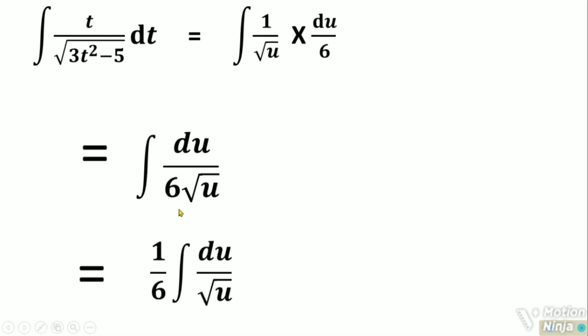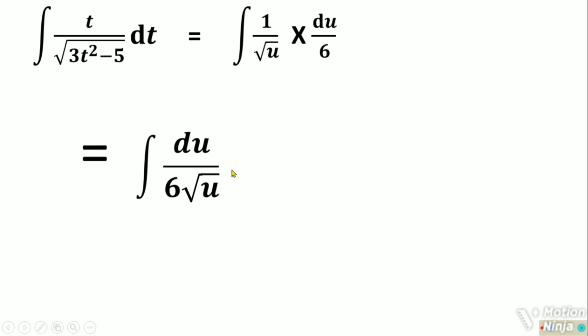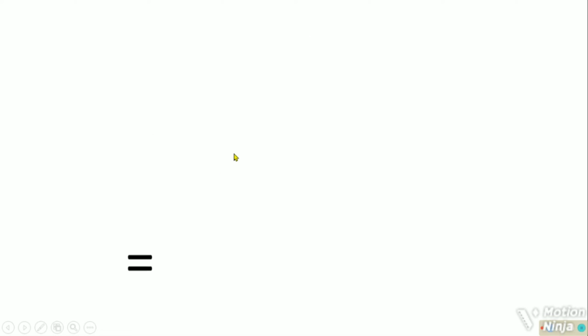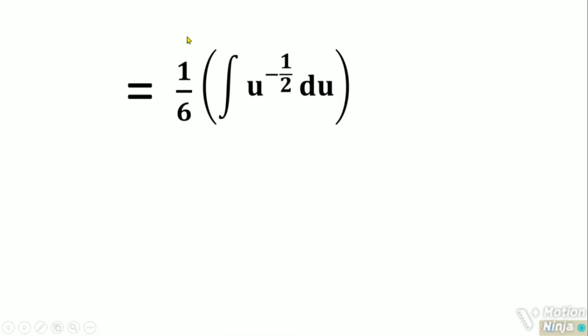Here 1 over 6 is a constant, so we take it out of the integral and remain with du over the square root of u, with a constant 1 over 6. Inside the bracket we change the format from 1 over the square root of u into u power negative 1 over 2 so that we can integrate it easily.